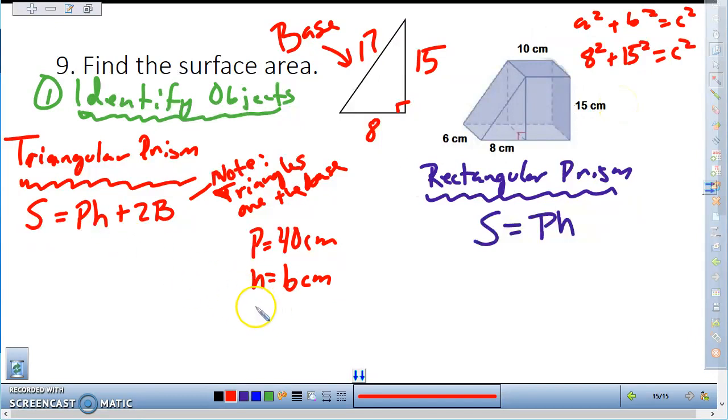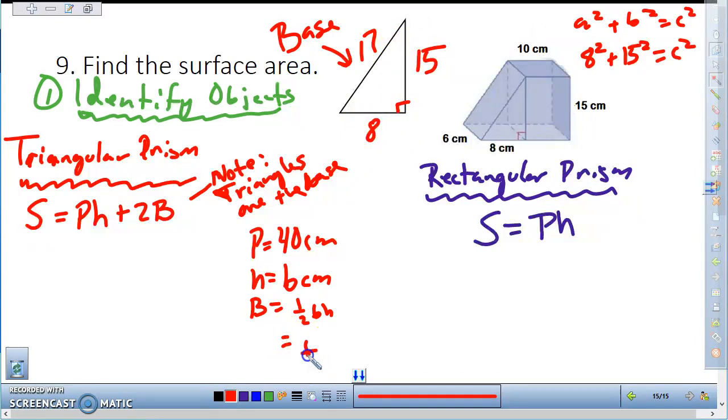Now, the last part I need to complete this formula is the area of this base. The area formula for a triangle is 1/2 the base of this triangle times the height of this triangle.